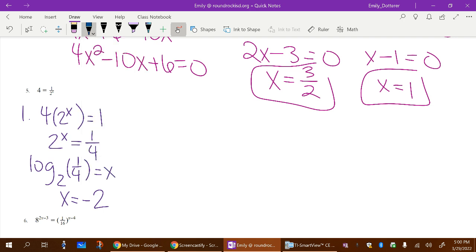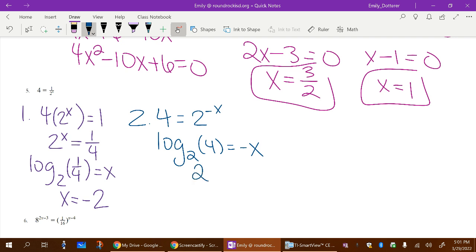The other way that we can do this is by using the negative exponent rule. So 1 over 2 to the x is the same thing as 2 to the negative x. So either way, we get the same value. It just depends on which way you want to do it.